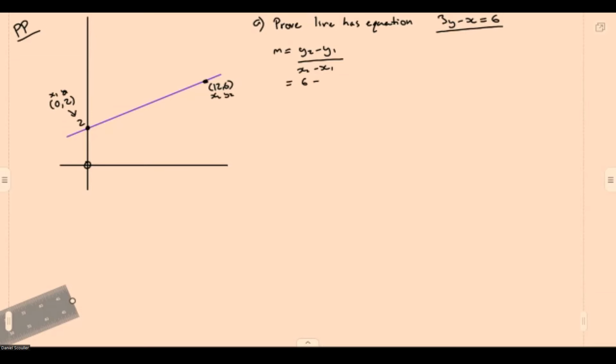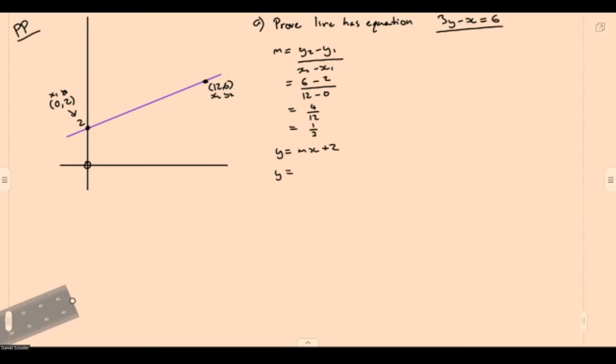y2 minus y1 over x2 minus x1. So we've got the gradient. We've got the y-intercept, which is 2.